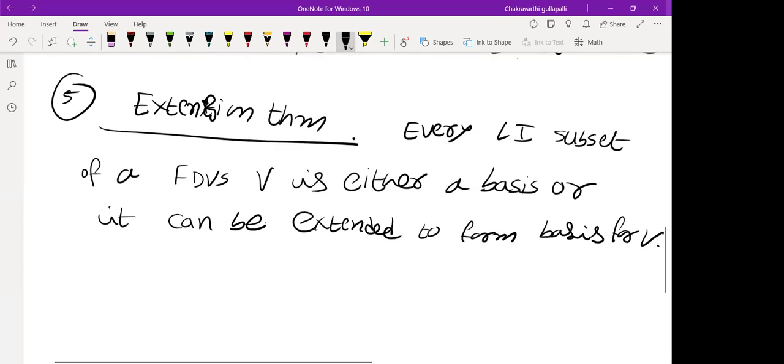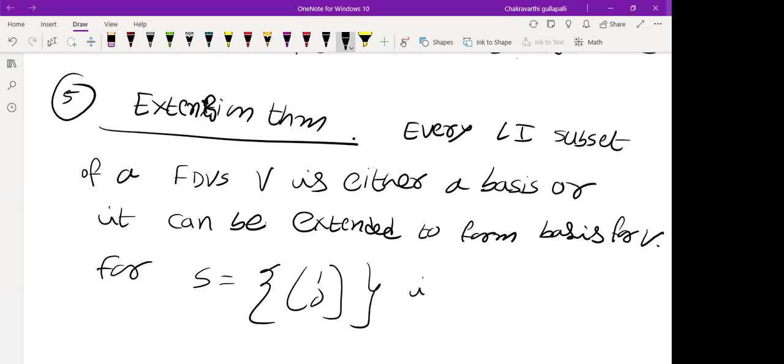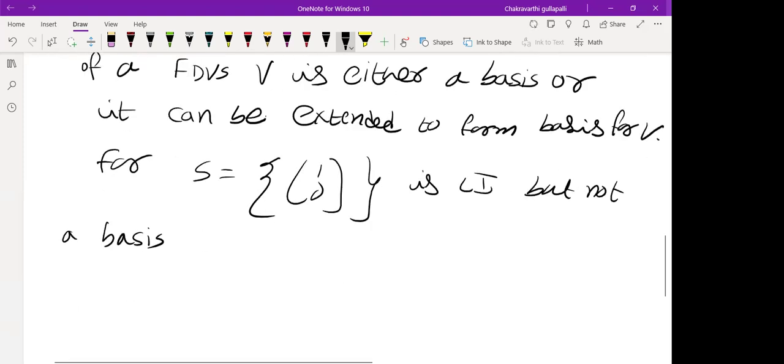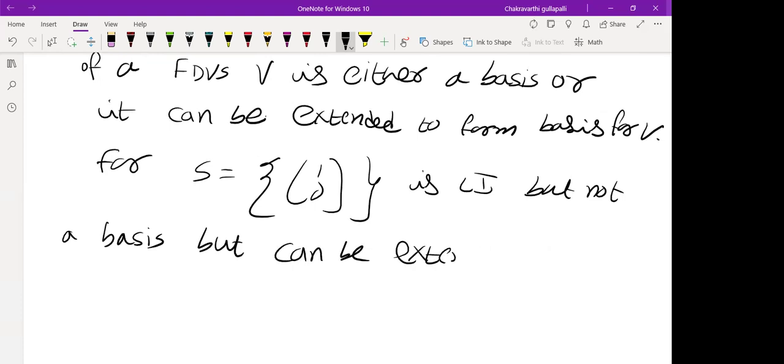So for example, we have seen S equal to {(1,0)} is linearly independent, but not a basis. So we can extend it. What is the extension? Adding a few more vectors. It can be extended as S1 equal to, extension means these vectors should be there.